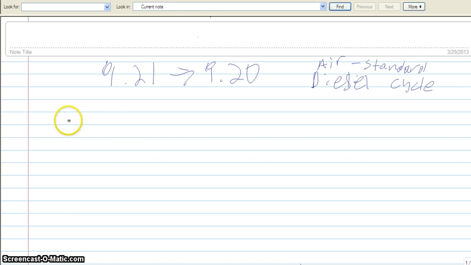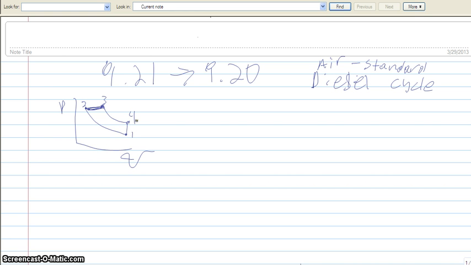If we look at a PV diagram for a diesel cycle, we will see... actually that's pretty fat. I'll redo that. There we go. This is 1, 2, 3, and 4.